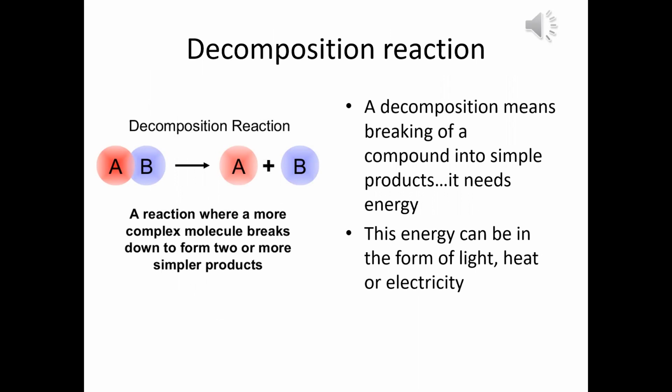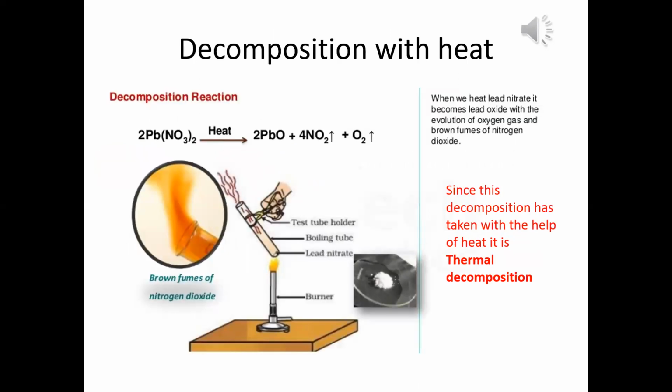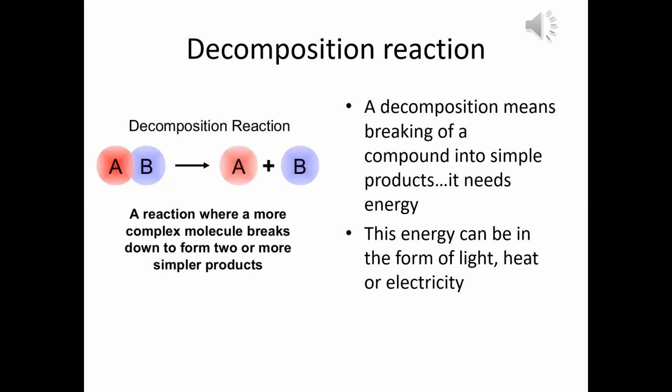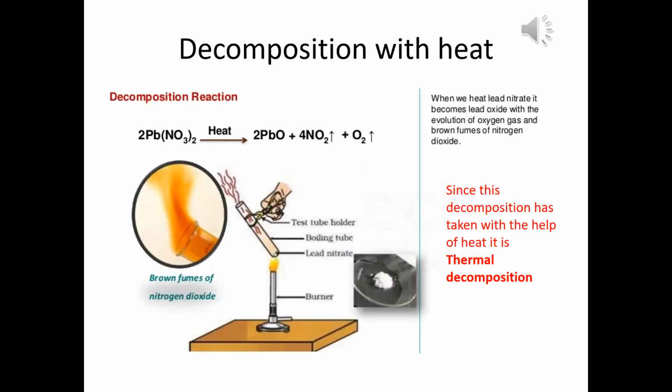This is a decomposition reaction. This is a very important topic, because whenever a question comes, they may give either an MCQ or a direct 3-mark question from this decomposition reaction.